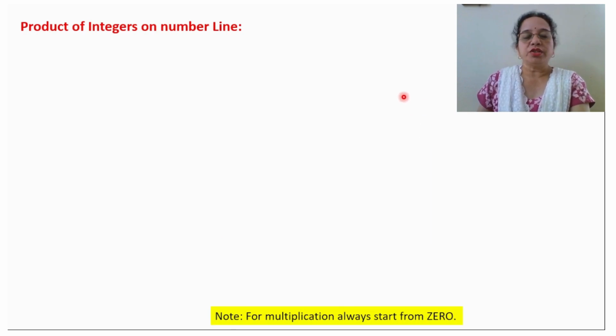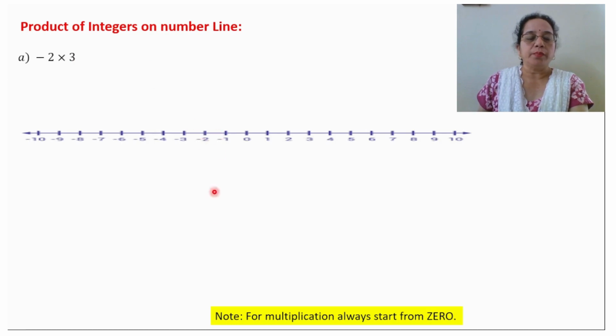Product of integers on the number line, again this is a very important concept. So this is given: minus 2 multiplied by 3. First we will draw a number line, and multiplication always starts from 0, so your first arrow will be on 0. Now look at the number here, a negative sign is there, it means we will move towards the left hand side.